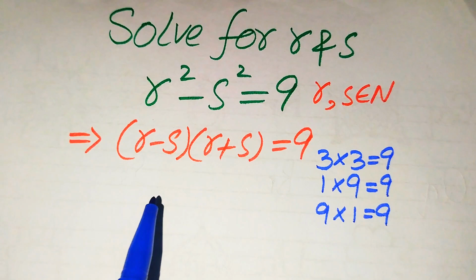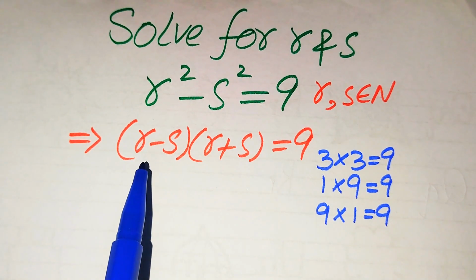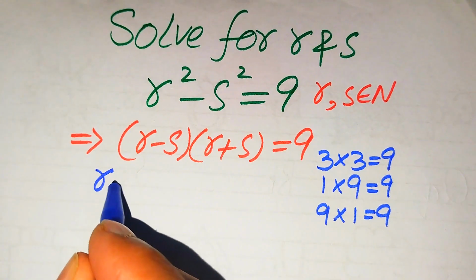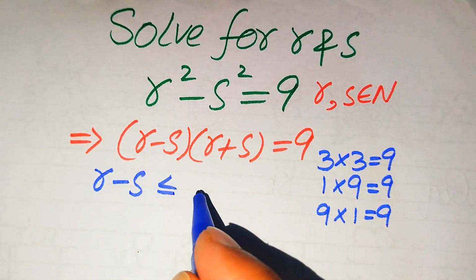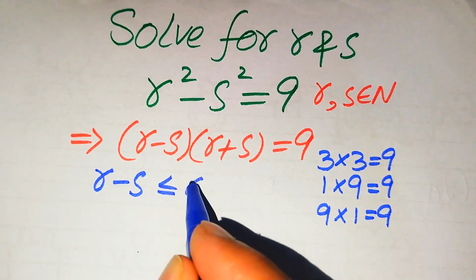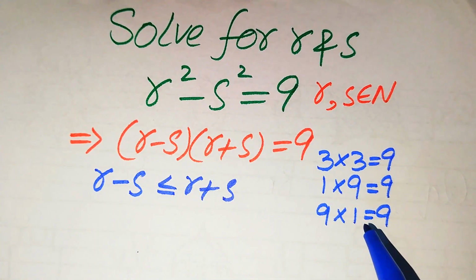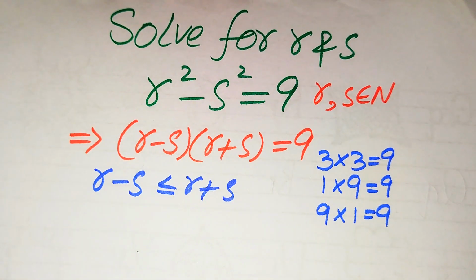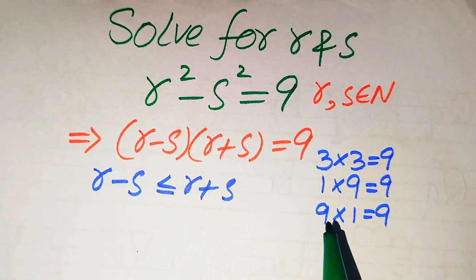So here we need to first make the relation between these two factors, and we know that our first factor, r minus s, is always less than or equal to r plus s. So it means that we choose those pairs of natural numbers in which the first number is less than or equal to the second.